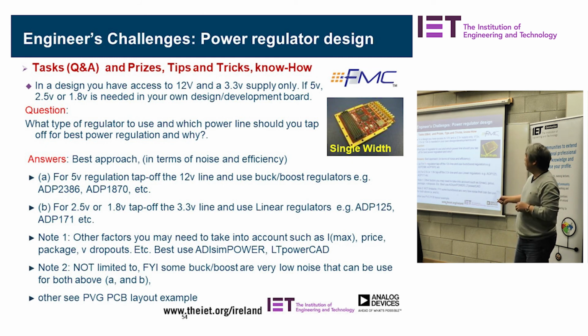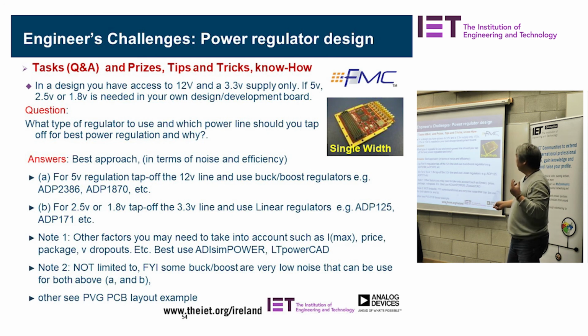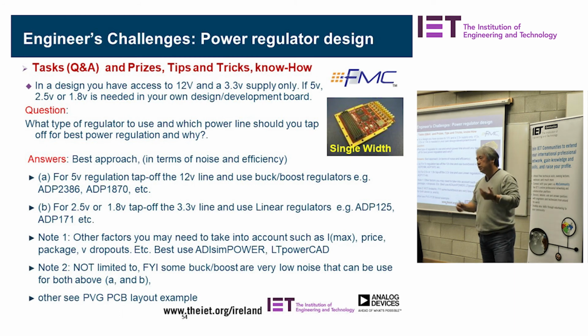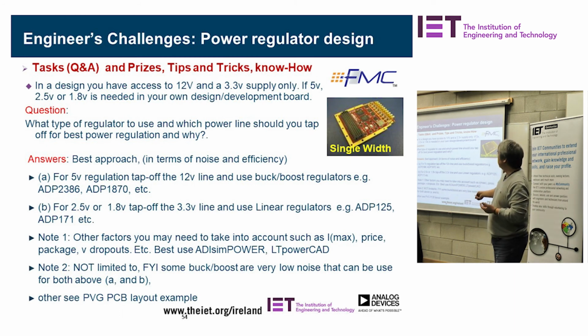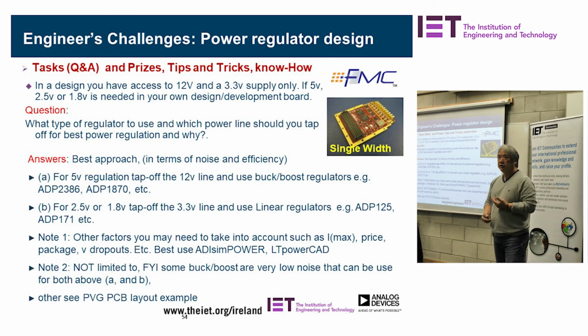And for the 5 volt logic, it's more or less immune to noise, because noise is around 300 millivolts, so it does not impact that severely. So for the 5 volt, I will use a switching regulator, even though it's a 7 volt drop, but it's very efficient, with very little loss. And I don't need to worry about noise, because even half a volt of noise on a 5 volt supply is not drastic.